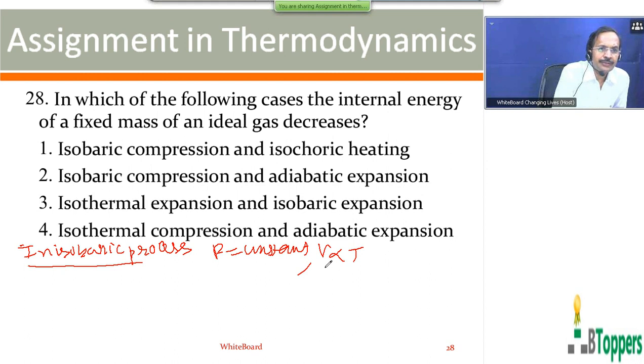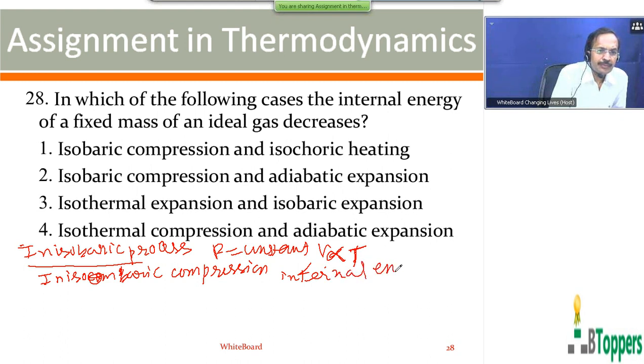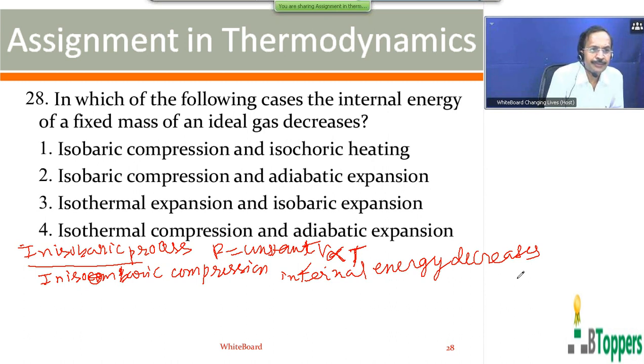So when the volume of the gas decreases at constant pressure, the temperature of the gas will also decrease, because volume is directly proportional to temperature. Therefore, in isobaric compression, the internal energy of the gas decreases, since the temperature of the gas decreases.